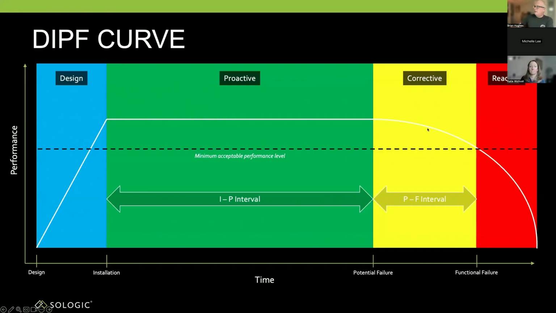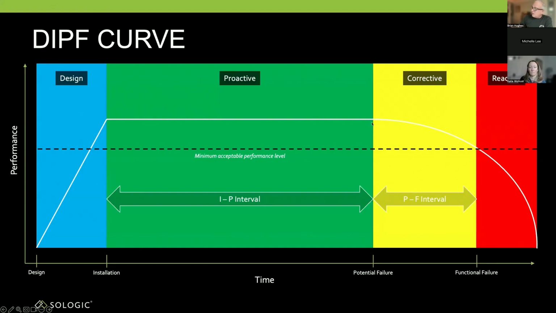Okay, so let me get to that next question. When I'm in this proactive phase, that's us operating the asset. And what we're doing is listening for signals right here at this horizon where we cross from proactive to corrective. That's the minute that the asset starts to degrade in performance.